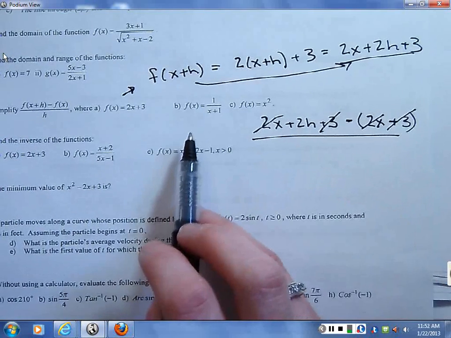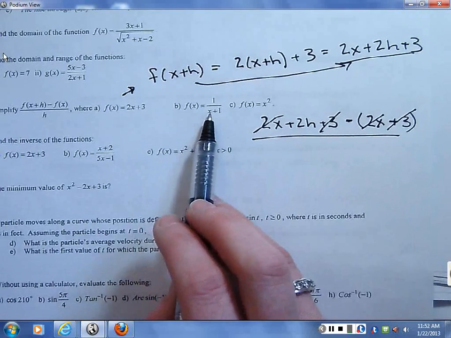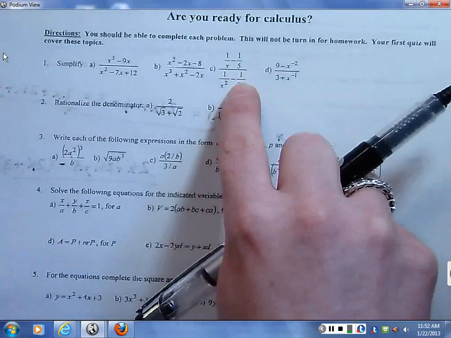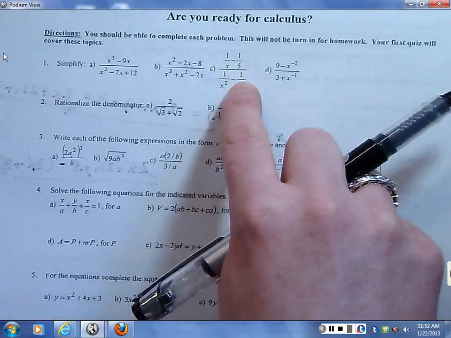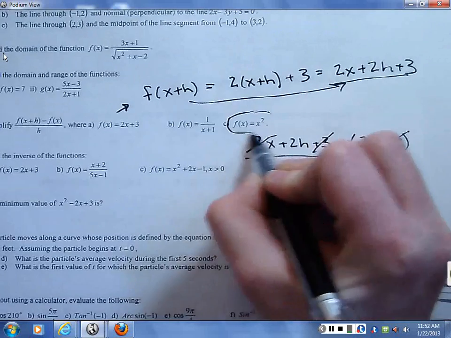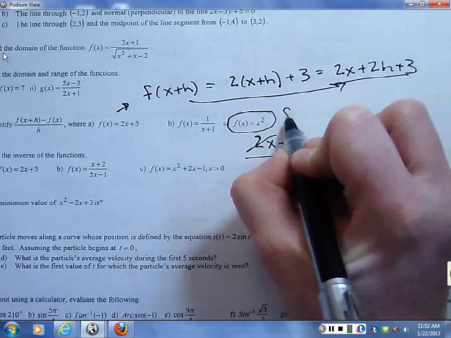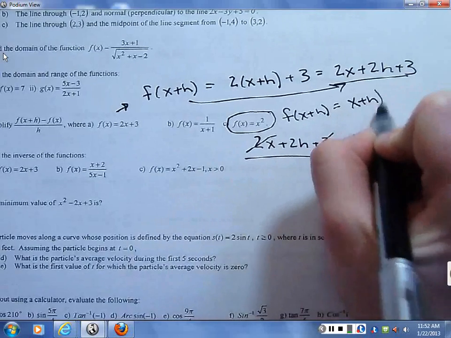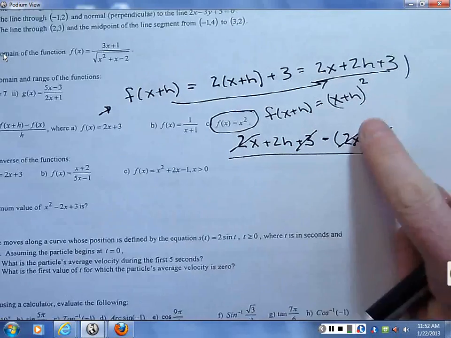This one's a little bit more complicated because you're dealing with a denominator, but you're going to end up with a problem that looks like this when you have to simplify it. So something that you've done before. For x squared, f of x plus h means everywhere I have an x, I put in an x plus h. So then I'm really squaring x plus h.